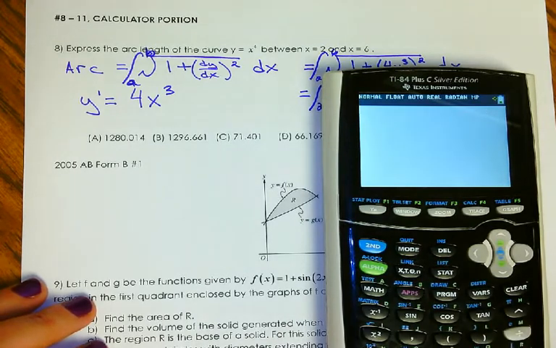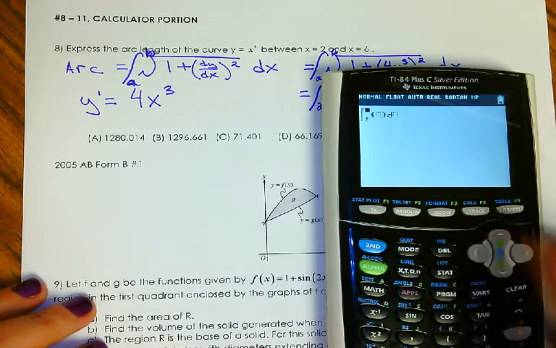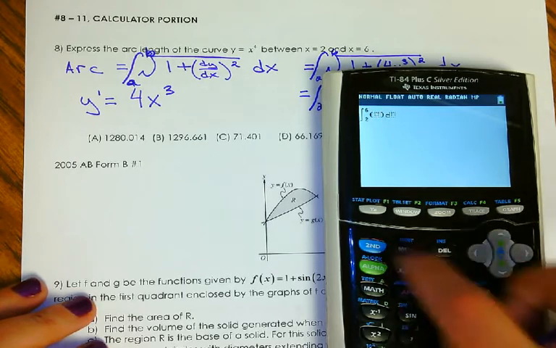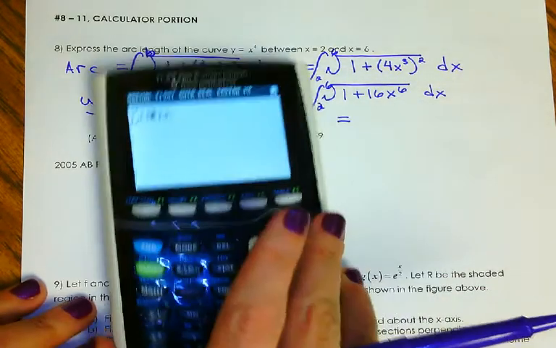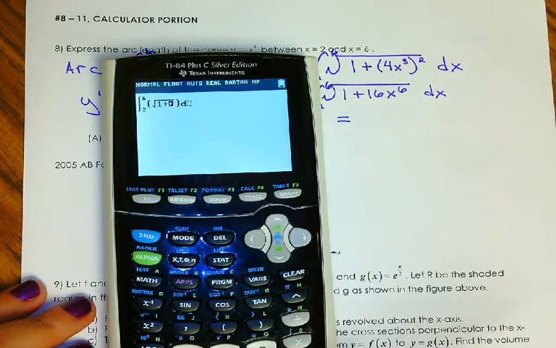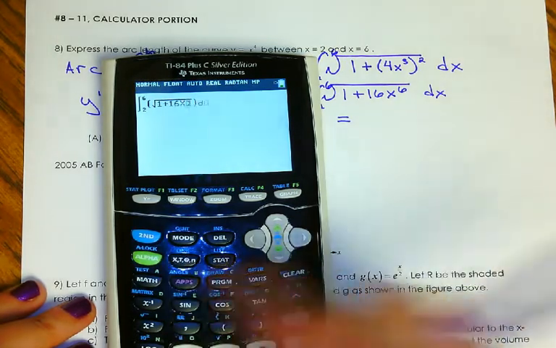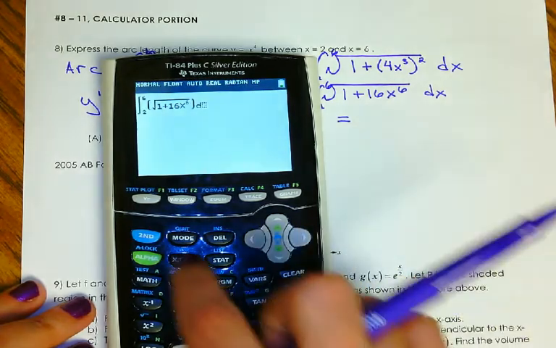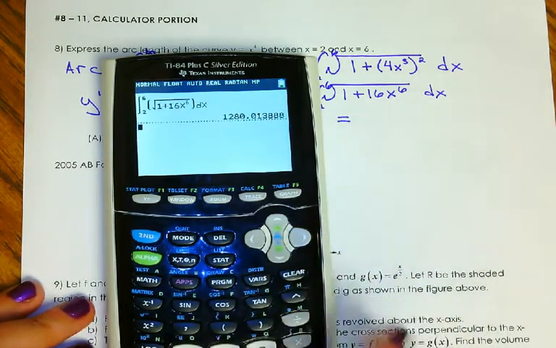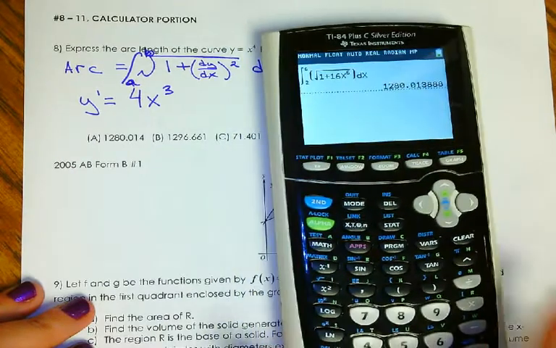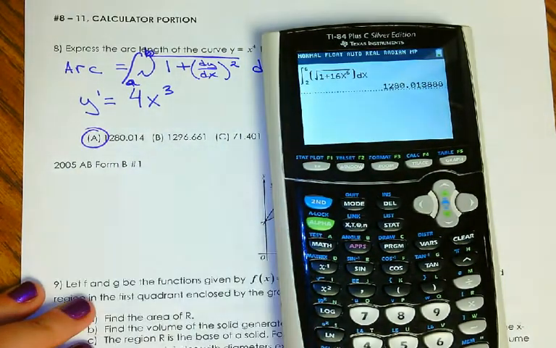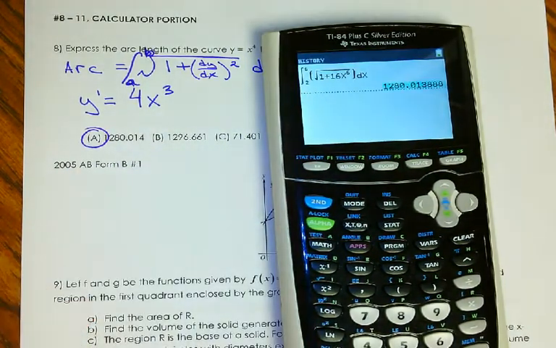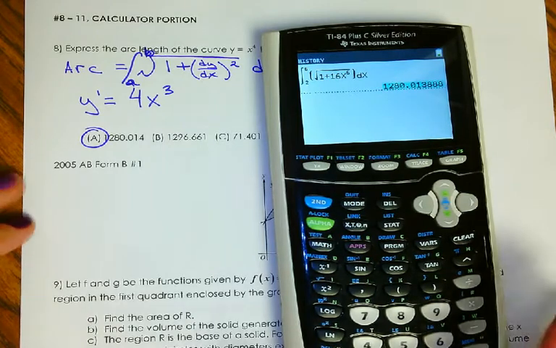So I just did Math 9, and we're going to go from 2 to 6, the square root of 1 plus 16x to the 6th dx. We type that in, and you get that number, which is choice A. So you've got that one as A.